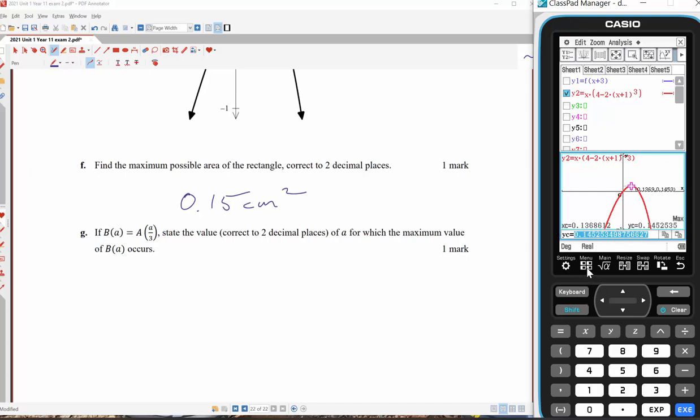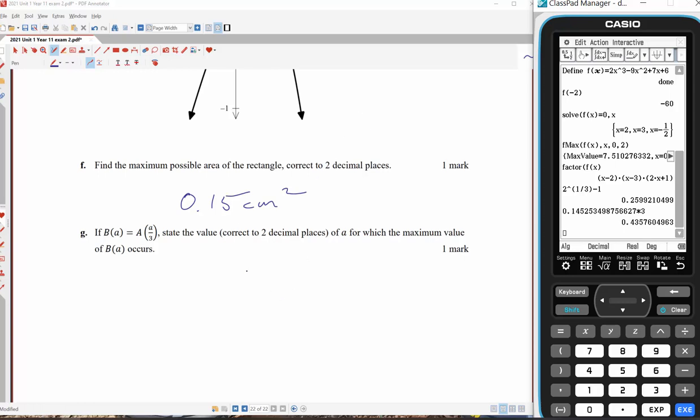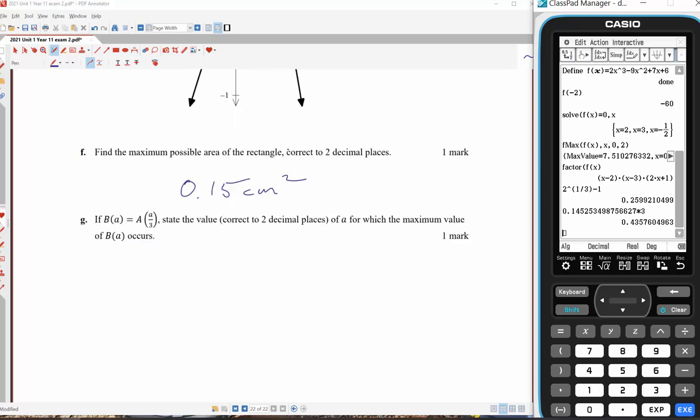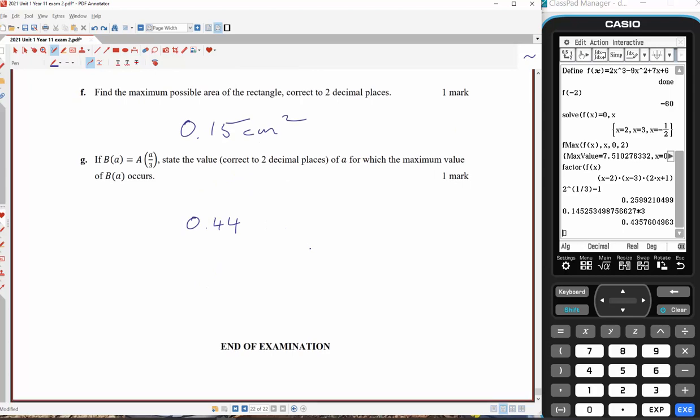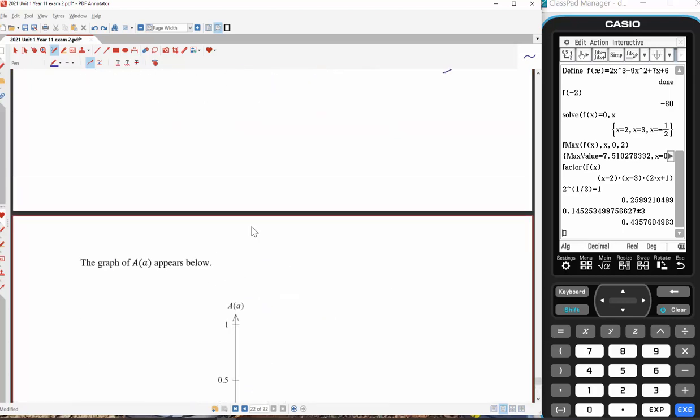Go into main and go that times 3. And so it'll just move it over by a factor of 3. So all it will be is 0.44. Not the area, actually, it's the value, so I don't need the unit. Alright, and that's it. There you go. A couple of tricky ones to finish with for sure.